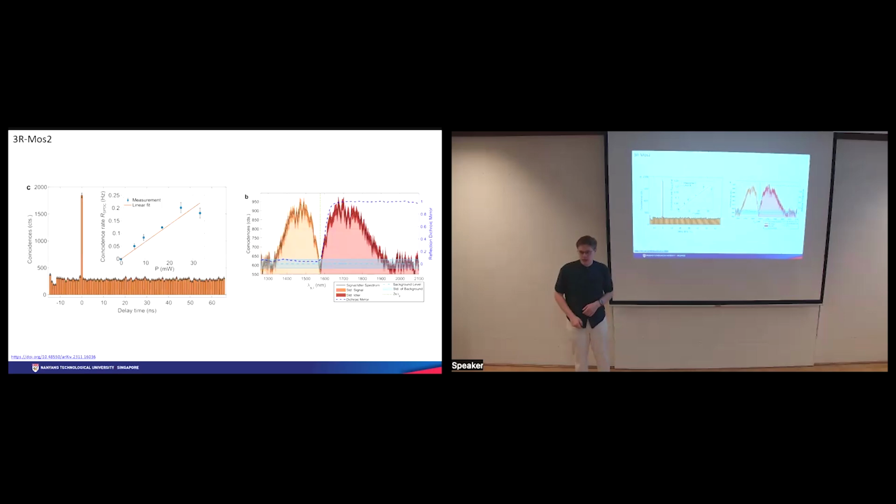Yeah, and in this case, they also show photon pair generation. As I talked about, it's a very broad spectrum, but the photon pair generation is actually extremely low for the 3R MoS2, even in the case of the 300 nanometer sample.